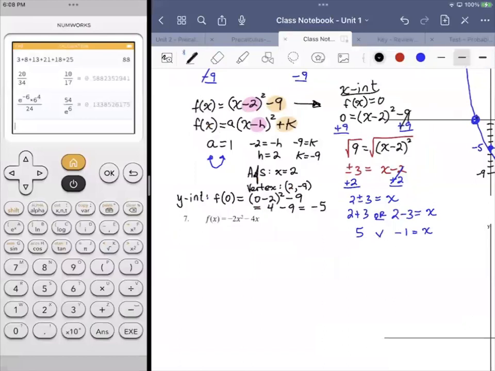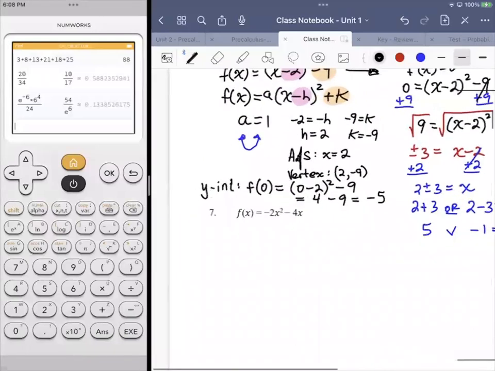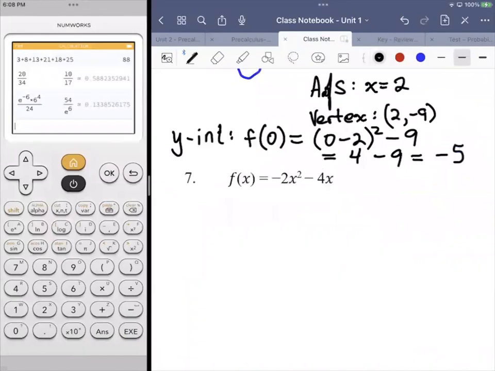Because off the bat, you can pull a couple of things. You could pull the y-intercept. So the c value, I mentioned this last time, is the y-intercept. So the y-intercept here has to be equal to 0.